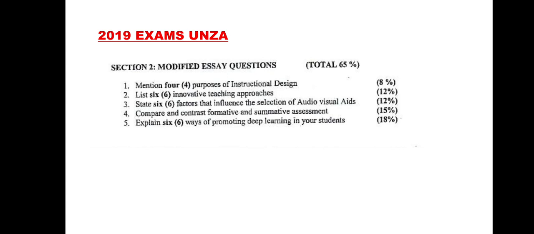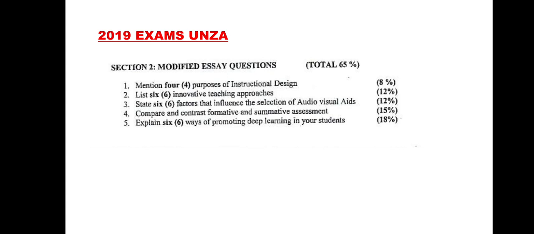And what are factors? Factors, in this case, are things that can affect the teacher's choice of which aid to use, because there are different ways and situations where you can use different aids.